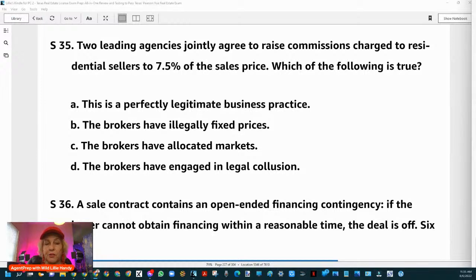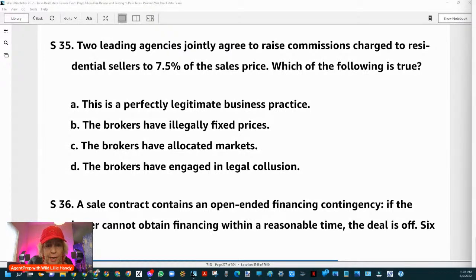So here they're charging their sellers a certain commission. So this here is illegal price fixing, fixed prices. The brokers have illegally fixed prices. They're not allowing the negotiation between seller and broker because commissions are negotiable, right?